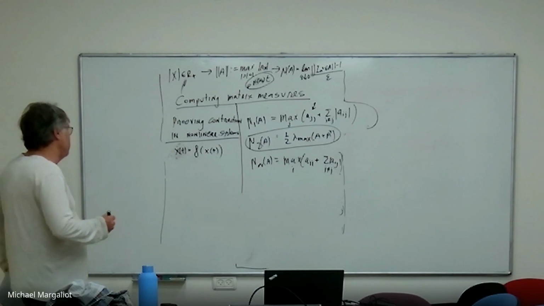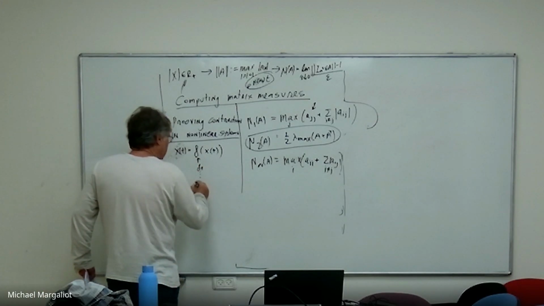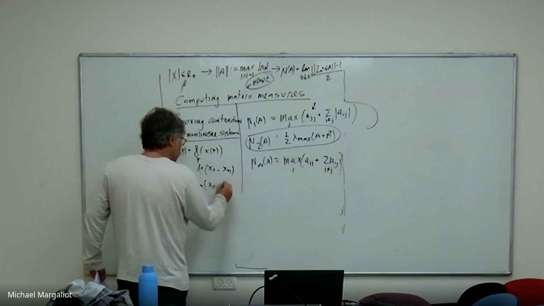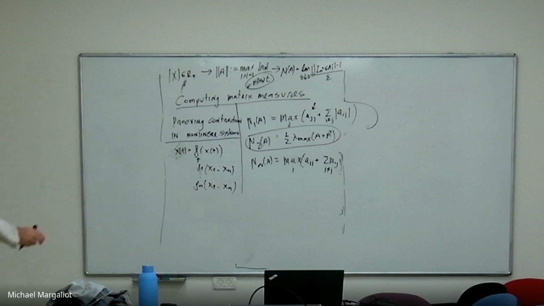Remember, this is F1 up to Fn, and each one depends on all the state variables. This is the notation for all the n derivatives.